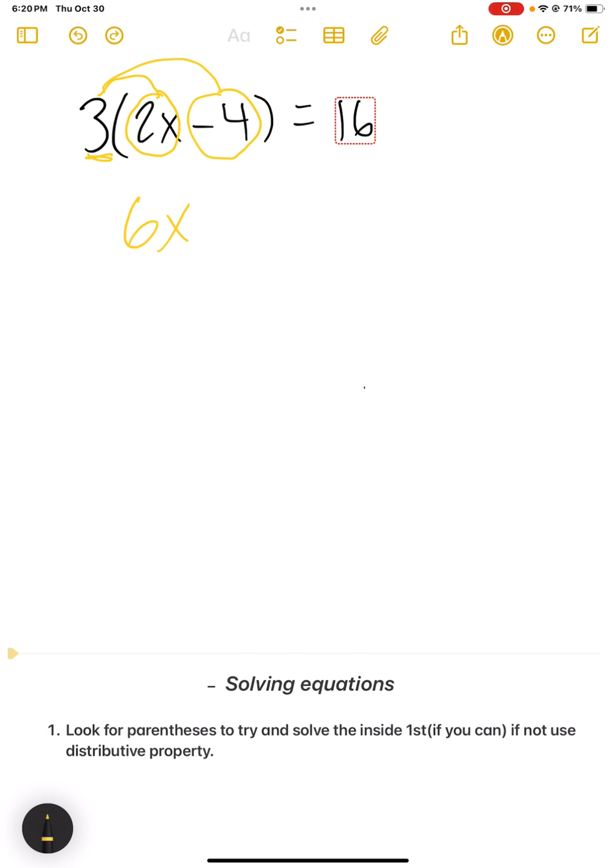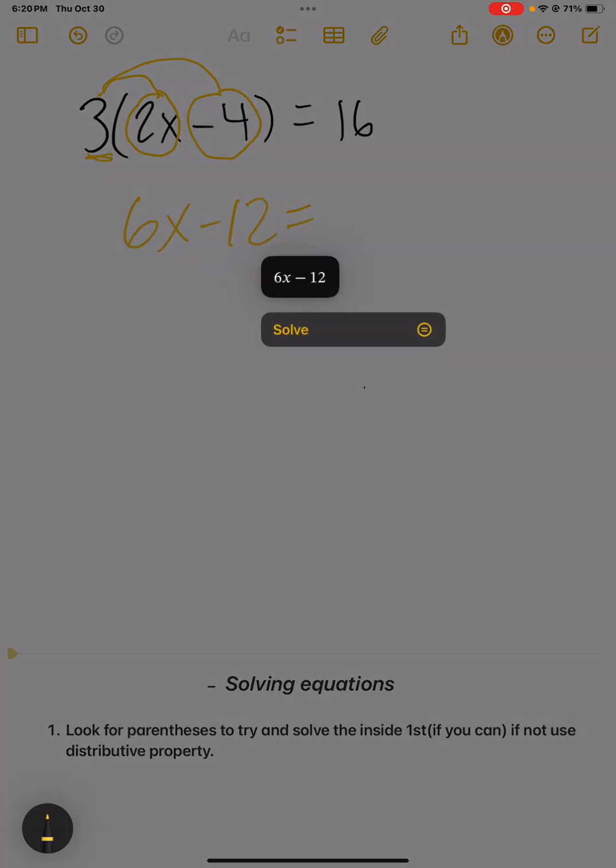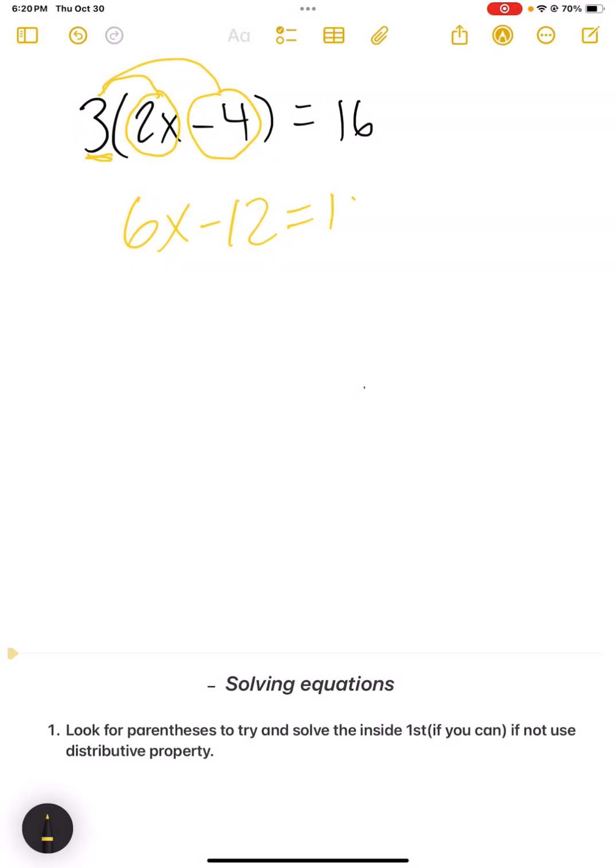Now, 3 times negative 4 is negative 12. The parentheses is gone, equal to 16. So that is an example of the first step: I have gotten rid of the parentheses.